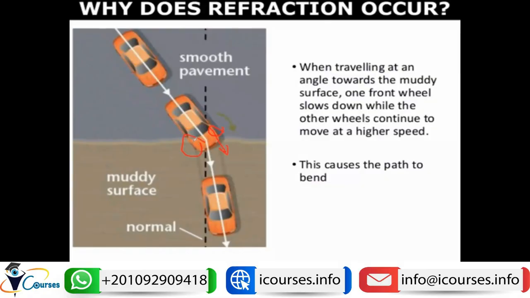However, slowing down of this wheel on the muddy surface will lead to a bend of the car toward the normal, or toward the vertical, the principal axis. So this will lead to change of the direction of the car, leading to bending of the pathway.